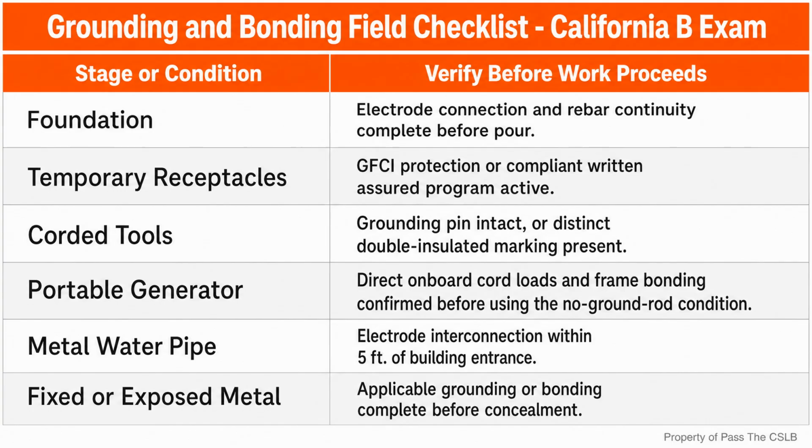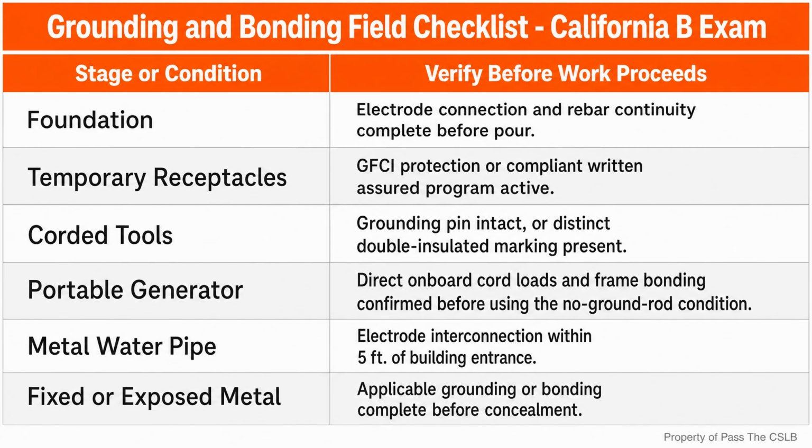I want to close the technical lesson with one clean memory line. Grounding reaches earth. Bonding joins metal. A permanent, continuous, low-impedance path lets protective devices respond to a fault. Then add the job site layers. Temporary receptacles need approved ground fault circuit interrupter protection or a compliant, written assured equipment grounding conductor program.